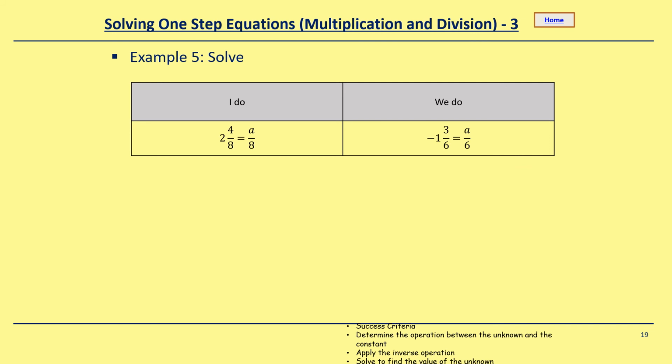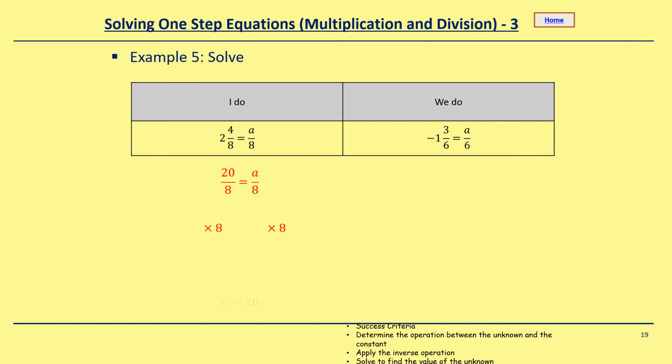Again, you need to turn this into a top heavy fraction. So 8 times 2 is 16 and 4 is 20. So that would be 20 over 8 equals A over 8. And if you've worked smart, you can see that both of them are divided by 8. So they would probably cancel out, but let's follow the procedure to see.